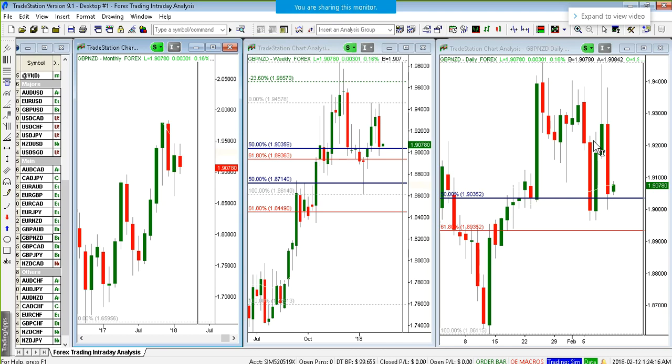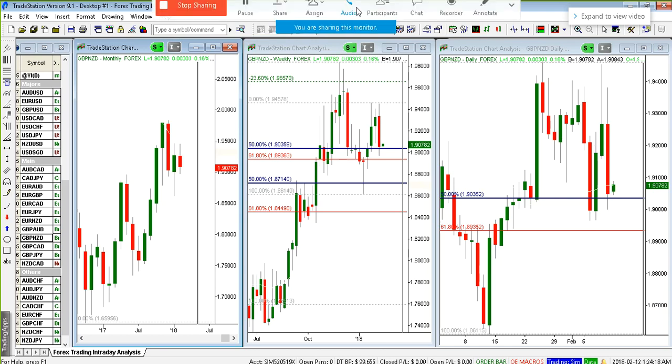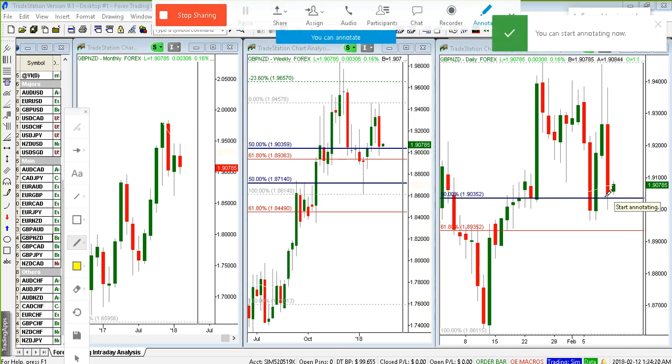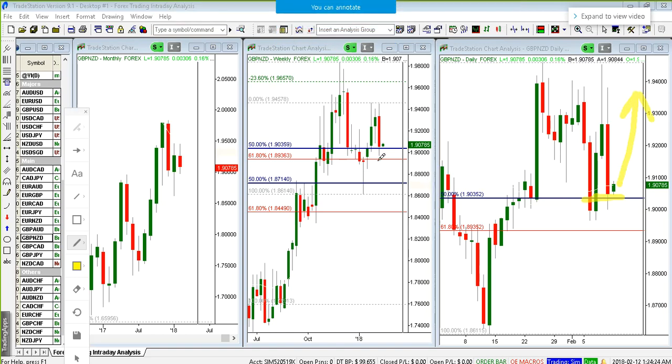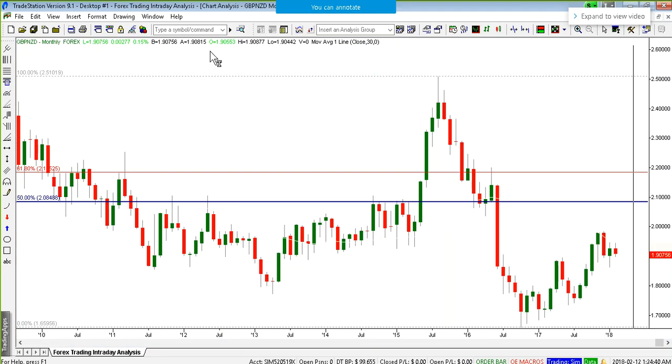The pound versus New Zealand dollar is retesting that area for the second time. It's now holding, so this could actually give a hint of what could happen next year with the pound moving higher, which would mean the pound regaining on the New Zealand dollar. So we will see whether that is going to happen.